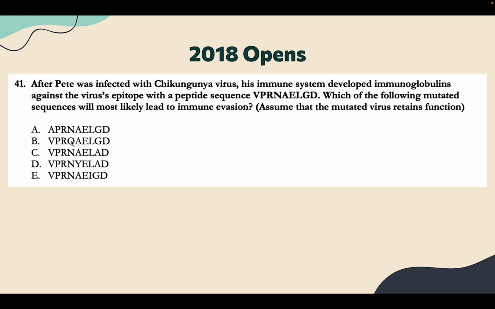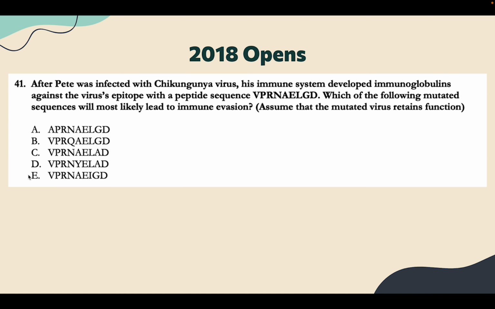And the next difference is in the fourth amino acid spot. B has glutamine instead of N, and that's not going to be a big deal since both of them are polar. And then we have D having Y instead of A. So tyrosine is polar while A is nonpolar. So we have D as a candidate right now, but we'll look at the rest of the sequence.